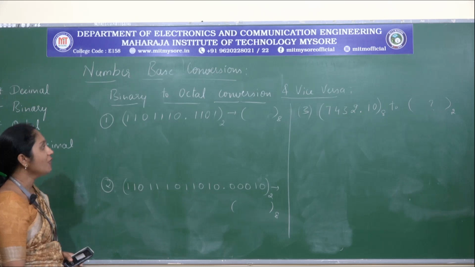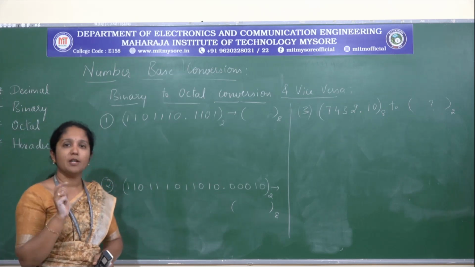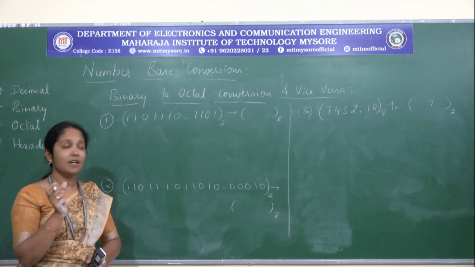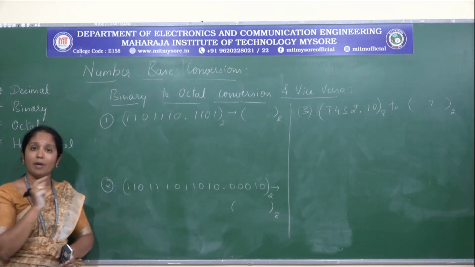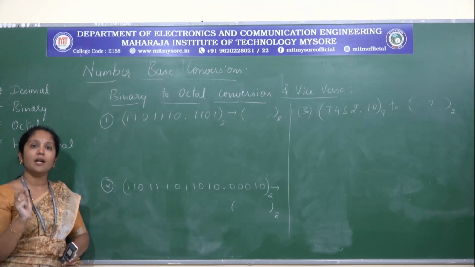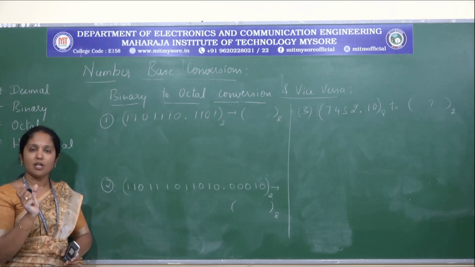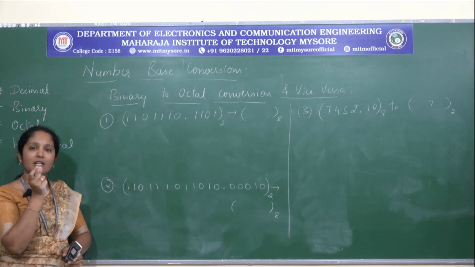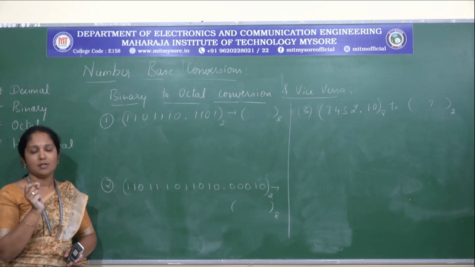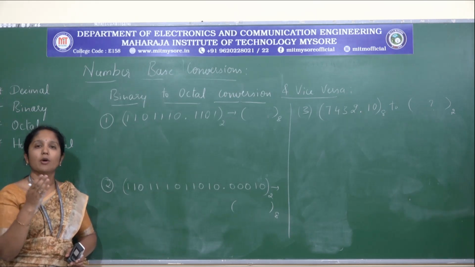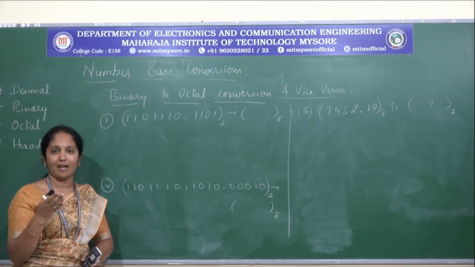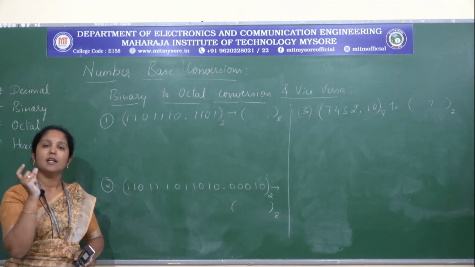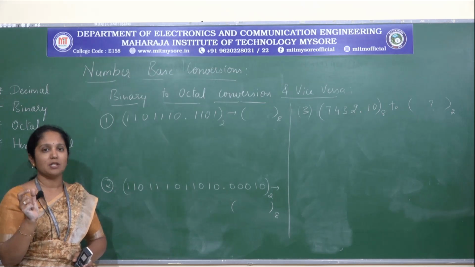Yes, now what we are supposed to do when we want to convert binary to octal is we need to make a group of 3 bits in the binary sequence, and we need to express each group using the octal number system, that is using 0 to 7, the digits what we have in octal number system, we need to represent those 3 digits using the octal number system representation.